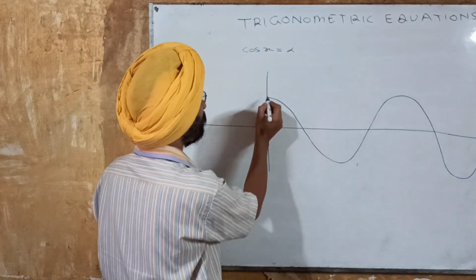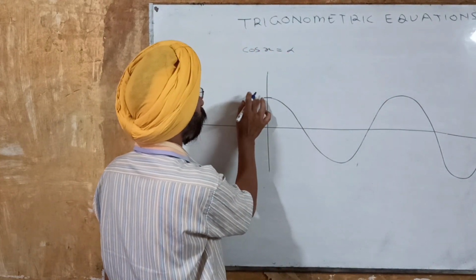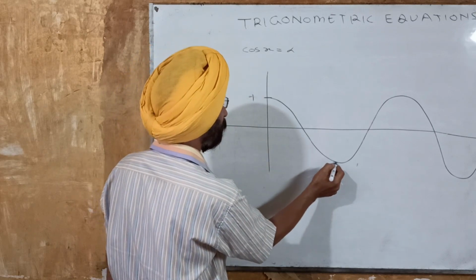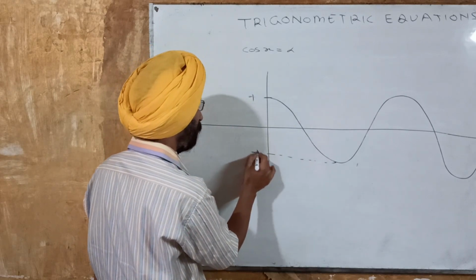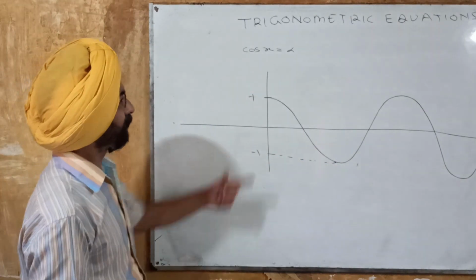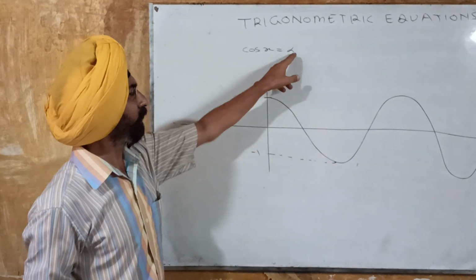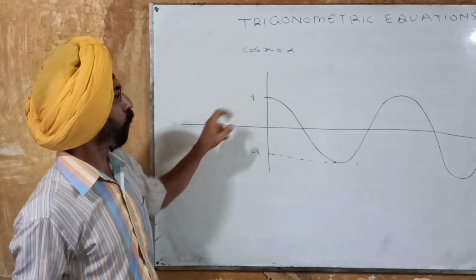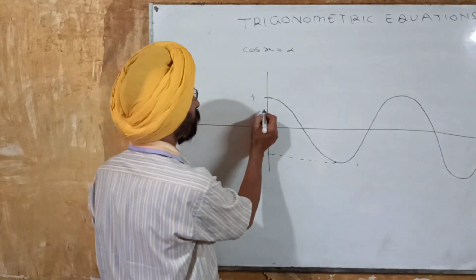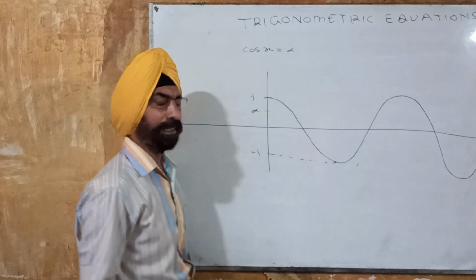Once again, this is the maximum value 1, and here you get the minimum value minus 1, and cos x is equal to alpha once again means your alpha lies between minus 1 and 1. So once again, suppose your alpha is here.